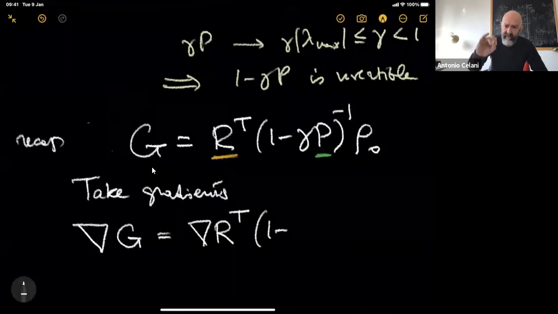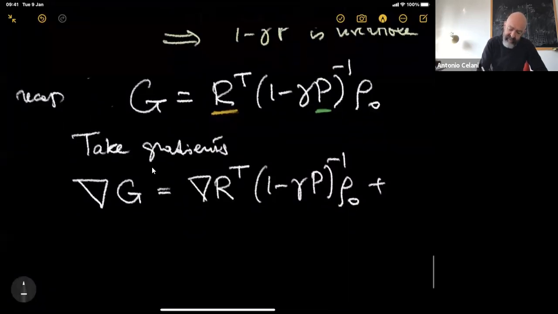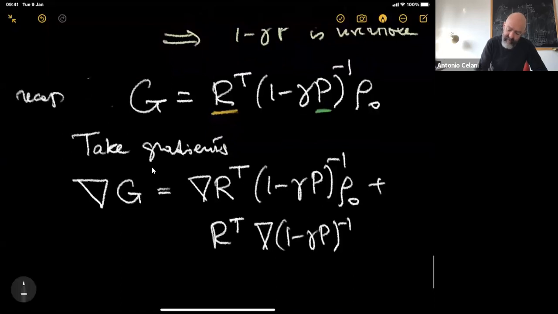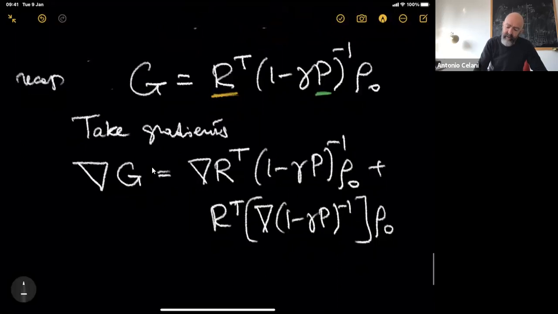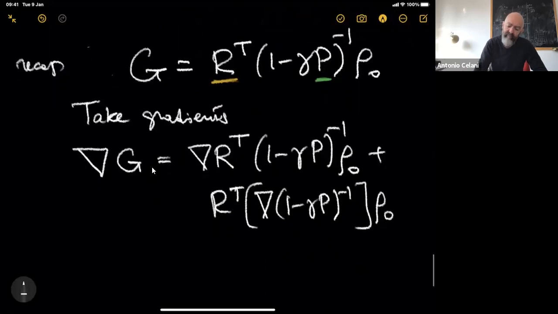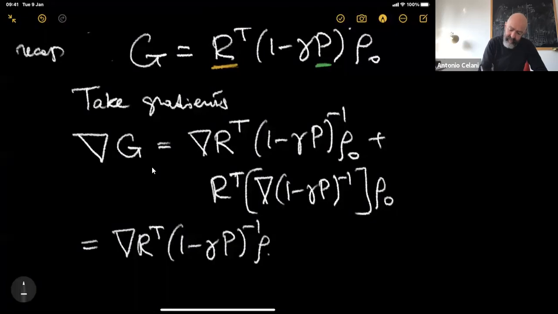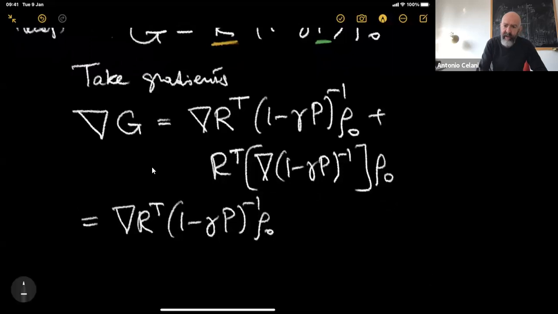Nothing to do with horizon, let's be super clear with that. So this is the first part of the derivative. Then there is the second part. I'm going very, very slow. There's no derivative to be taken with respect to rho naught because it doesn't depend on the policy. Then the first part, we have to live with that for a while, so we leave it as it is. But we can work on the second part.